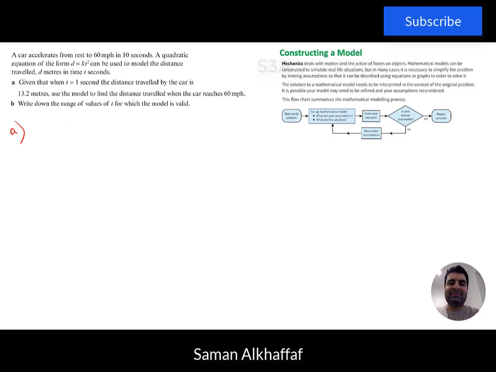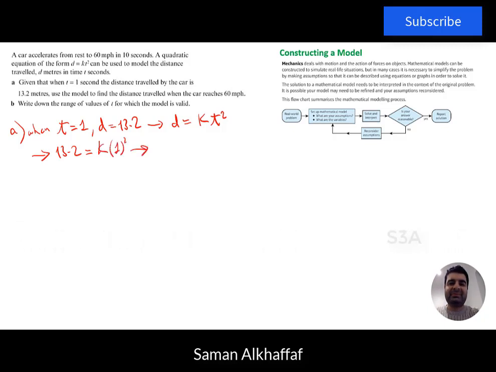So we will start by stating when t equals 1, and we have also the distance of 13.2. So we will need to sub into the equation. We know the equation is d equals kt squared. So that will give us 13.2 equals k times 1 squared.